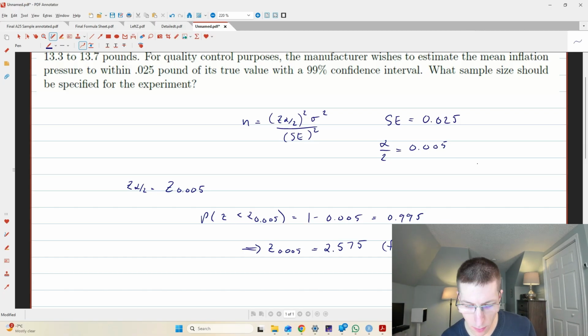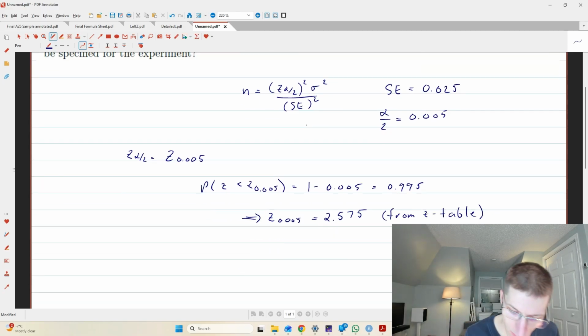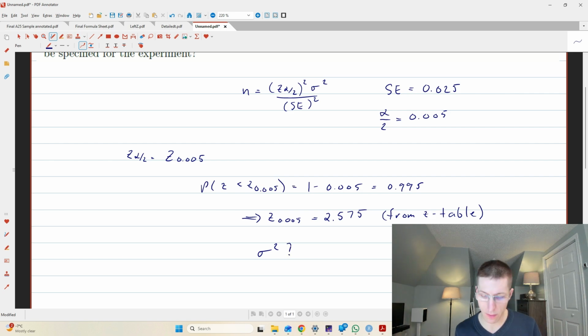And now I have the SE, I have the Z alpha over 2, but I don't have sigma. So the variance, how can I find that? So the trick is that because it's not given, but we're given the range, you can estimate sigma with the range divided by 4. So that actually follows from Chebyshev's rule.